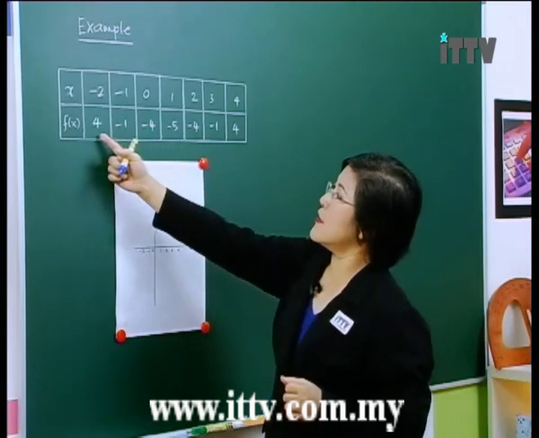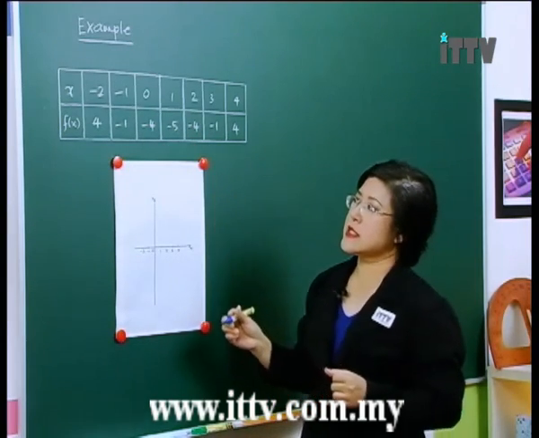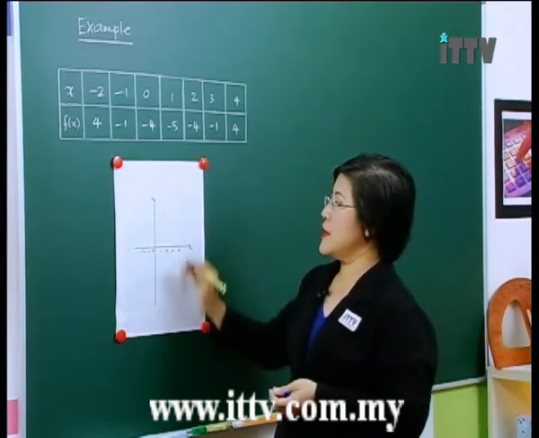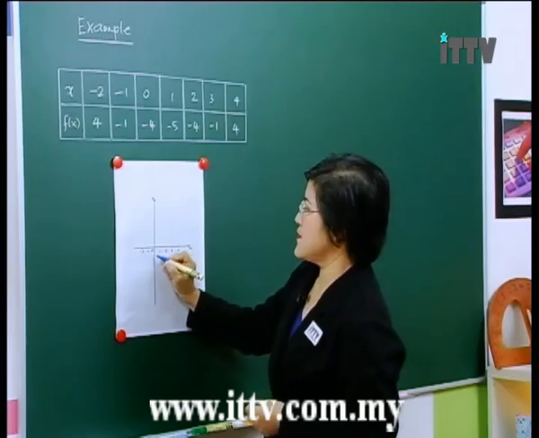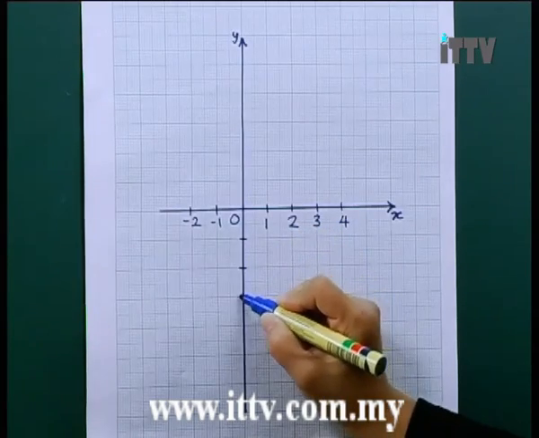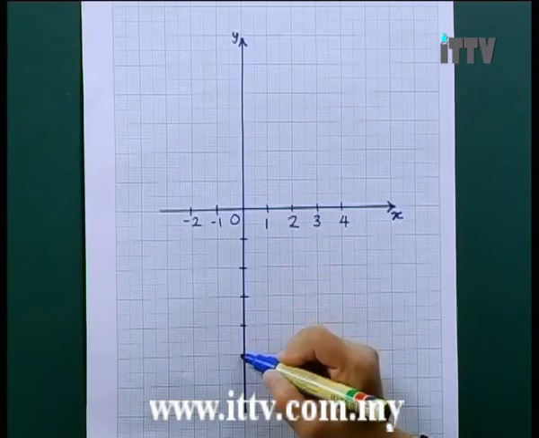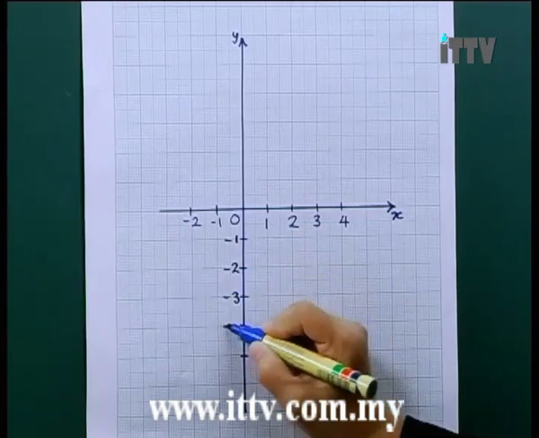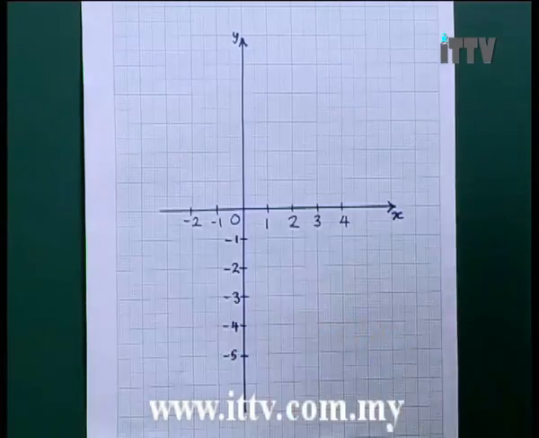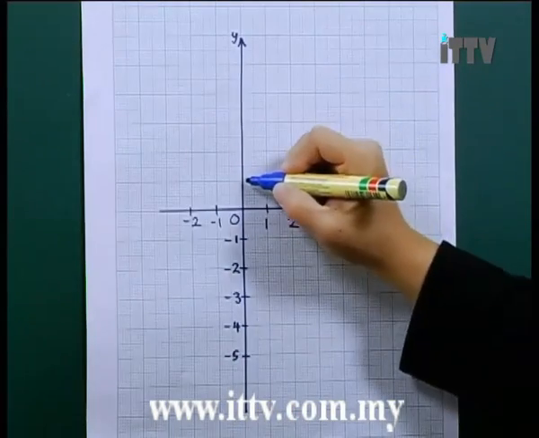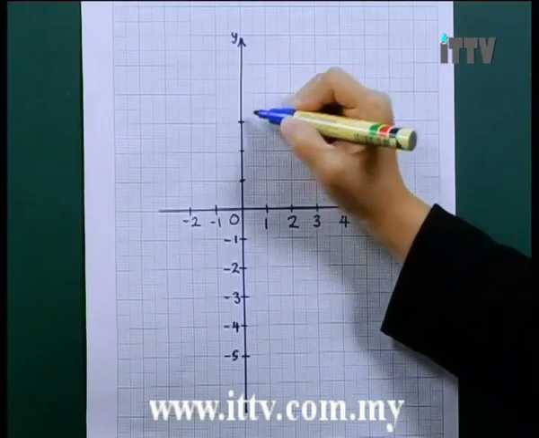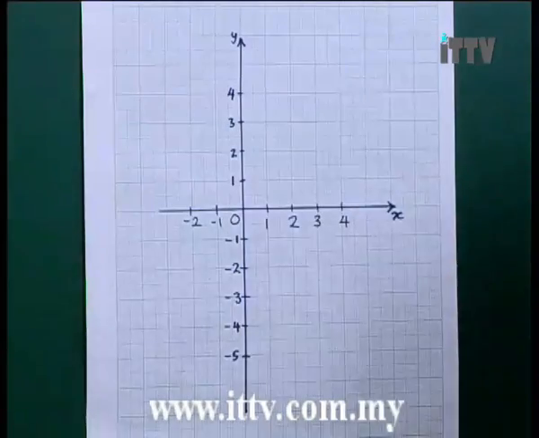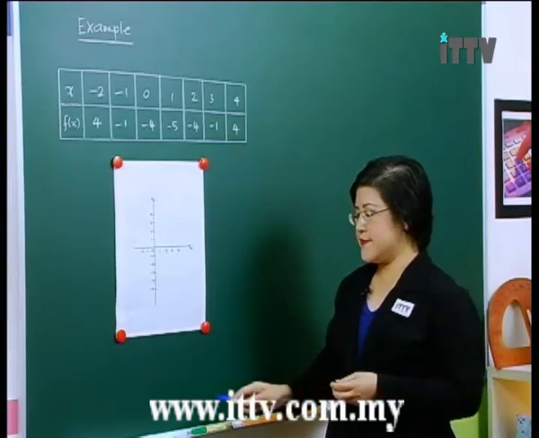From 4 down to -5 indicates a total range of approximately 9 units, so we must make sure that we have enough squares for that scale. -1, -2, -3, -4 and -5, followed by the positive values which go up to 4. That takes care of our scales.